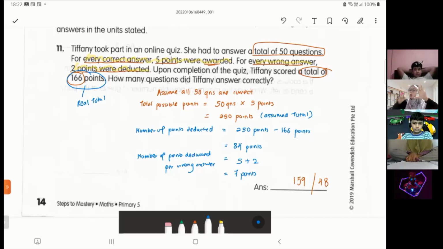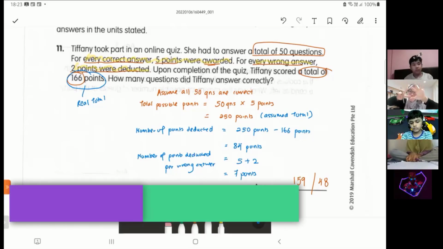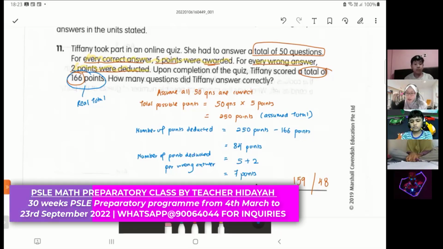I will also have to add on another losing mark of 2. So I'm supposed to get 5, but because I didn't get the 5, I must take away 2 some more. How many take away? 5 and 2. So the deduction is not just 2. The deduction is the 5 I should have gotten but didn't get, and then I must take away 2. So total is 7. Understand?